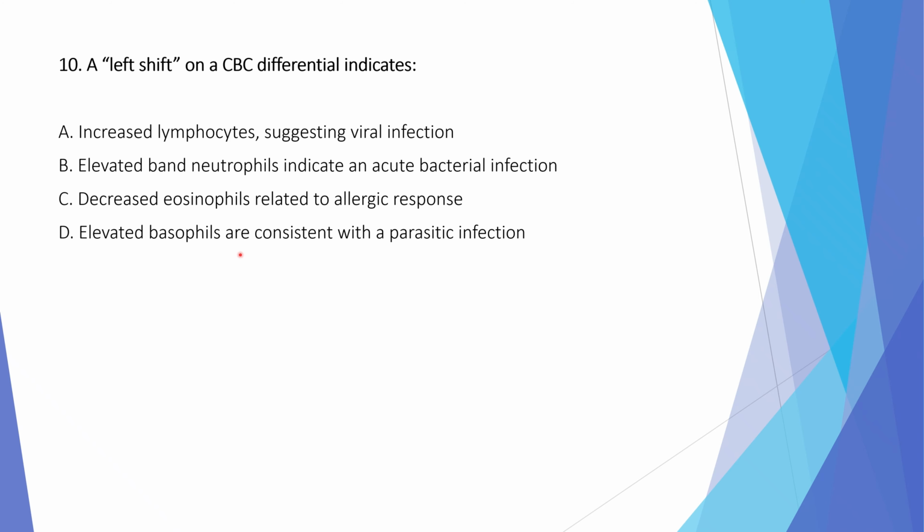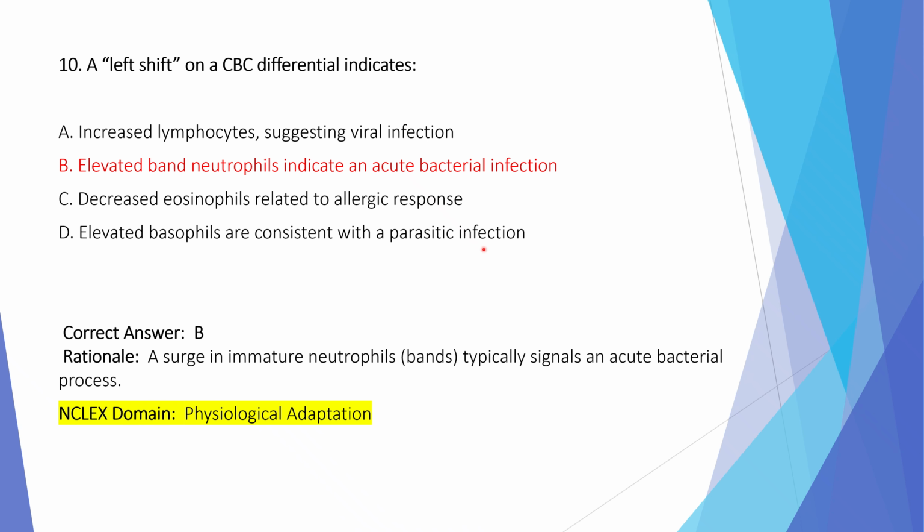Elevated basophils are consistent with a parasitic infection. So the correct answer is elevated band neutrophils indicate an acute bacterial infection. A surge of immature band neutrophils typically signals an acute bacterial process. So the domain is psychological adaptation.